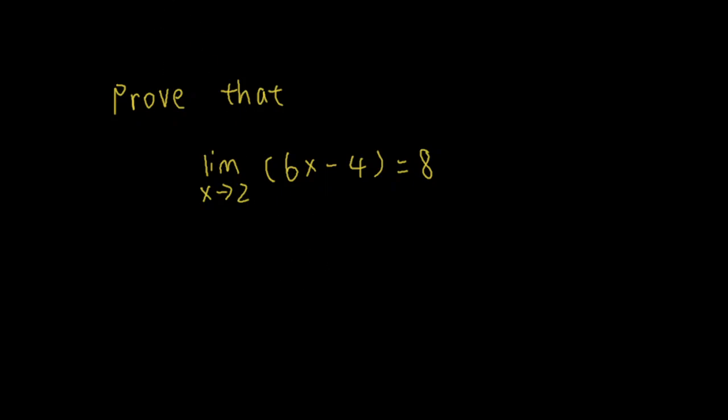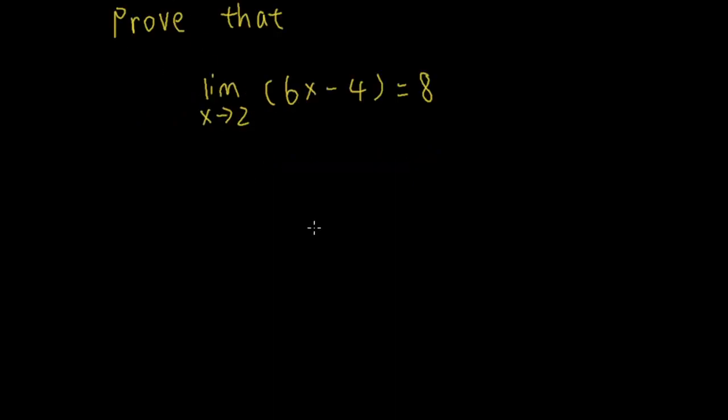I'm going to talk about the precise definition of limit. So here we have the limit as x approaches a. Now a is a number. The function f at x is equal to L. Right? L is a constant.